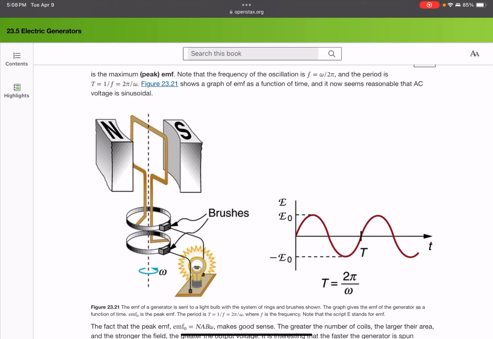Anytime a curve starts out at zero on the x-axis, or the t-axis, then it's a sine wave. If it starts out at the maximum and works its way down from there, then it's a cosine wave. So we're starting out at zero, going up, coming down, and doing our sinusoidal wave like that.